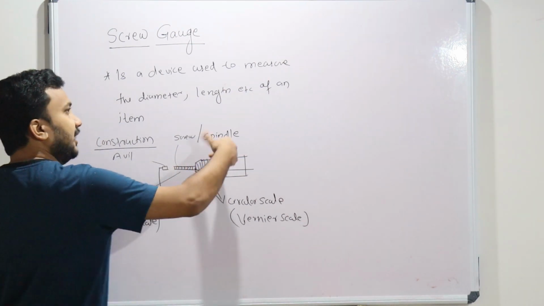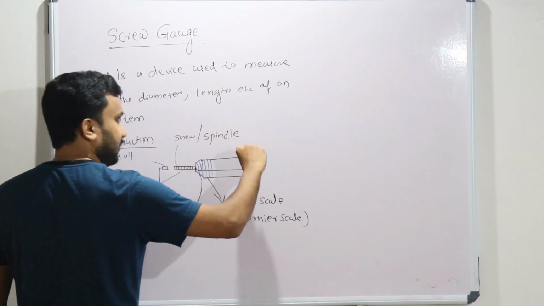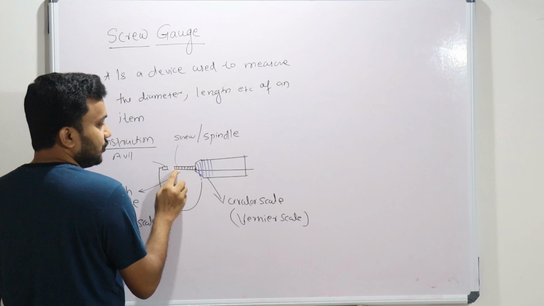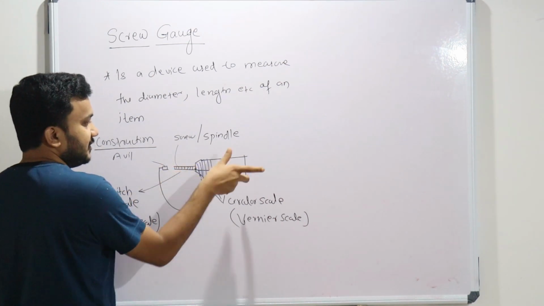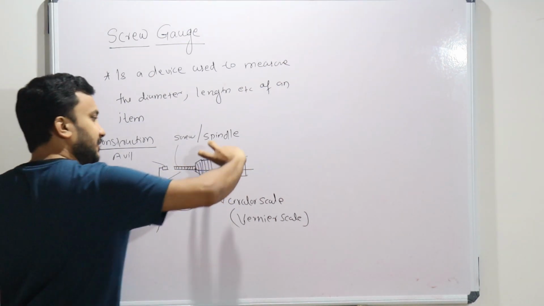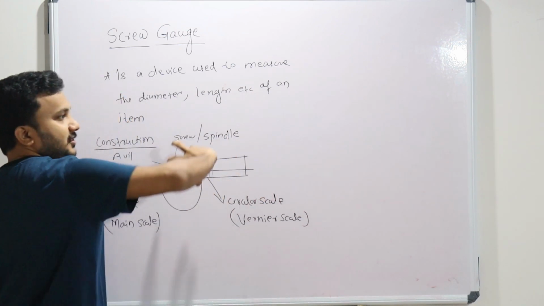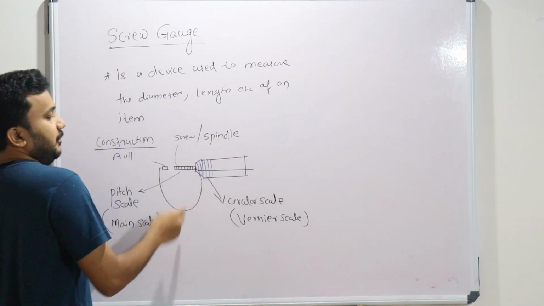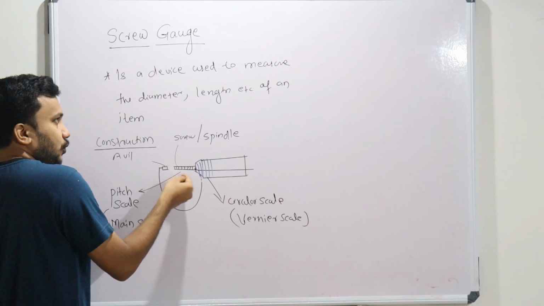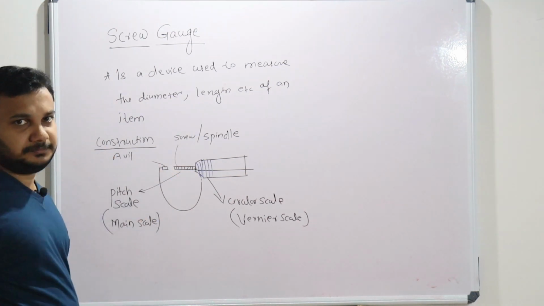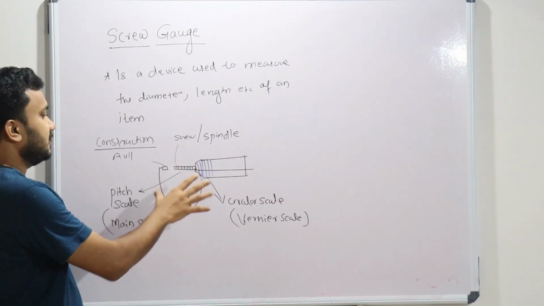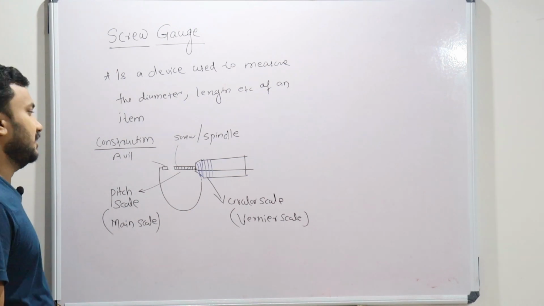So if I am making this loose, the screw will go inside the circular scale. But if I am tightening the circular scale this way, this will come out slowly. Okay, this is what we call the construction.